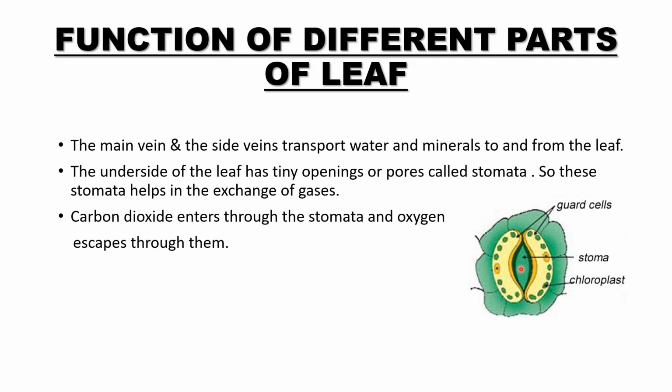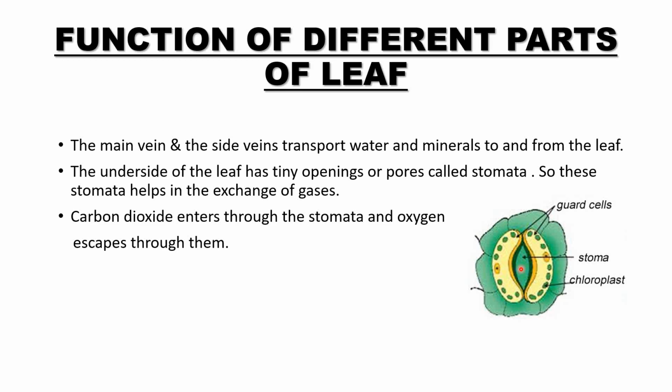Isn't it? So the oxygen which we breathe in, we get from these plants. So now you can understand that oxygen is produced by the plants, which is very necessary for all of us to survive. Without oxygen, we cannot breathe.